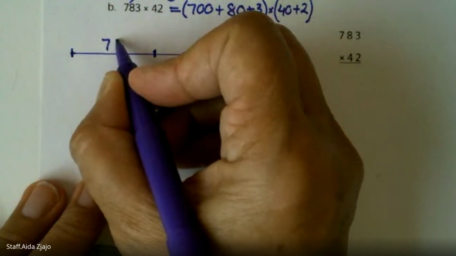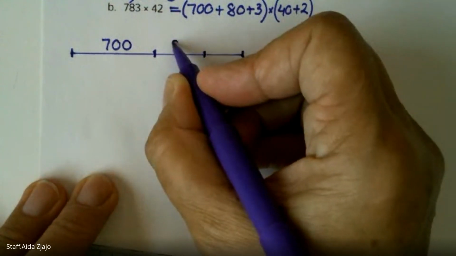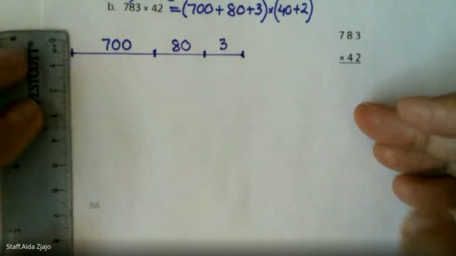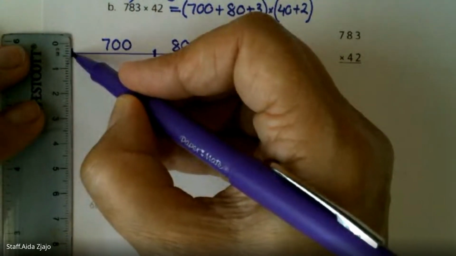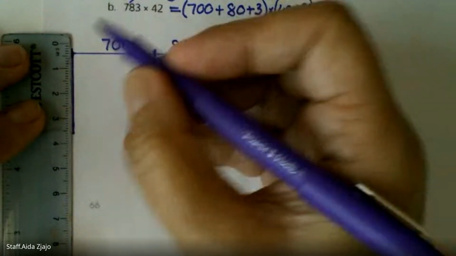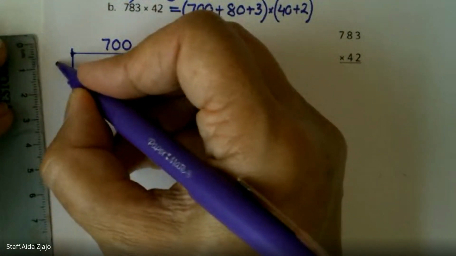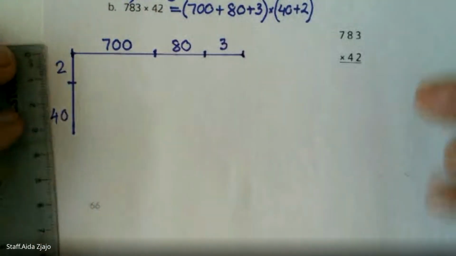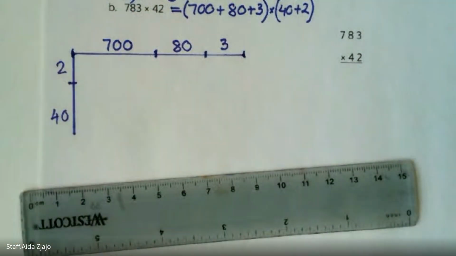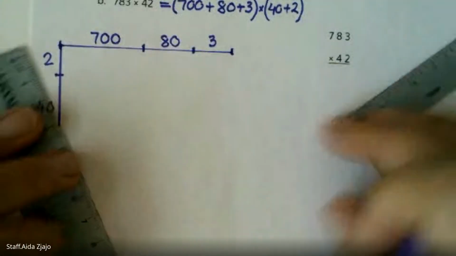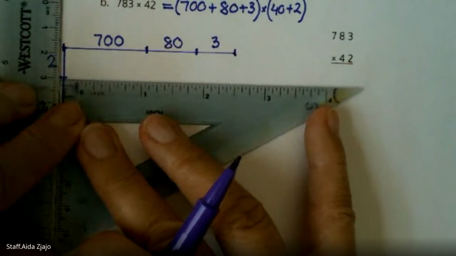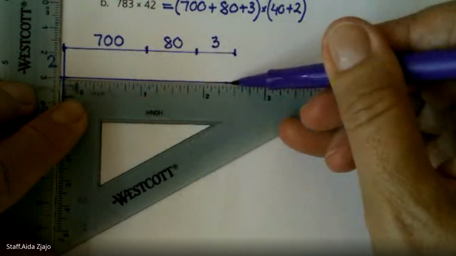So 783. And then vertically, I'm going to do 2 and 40. Okay, I'm going to now make those areas. It should be 6. Just separate 42.